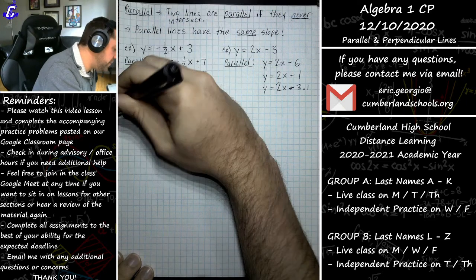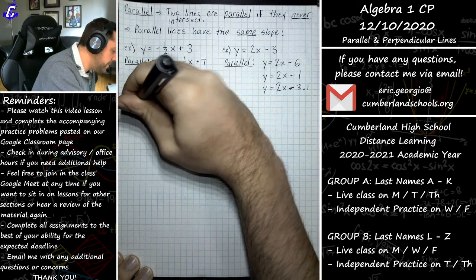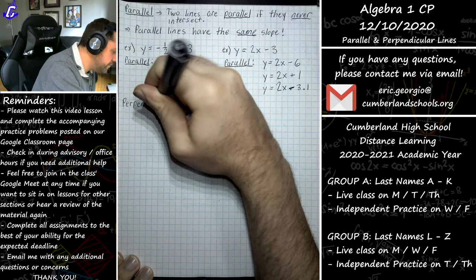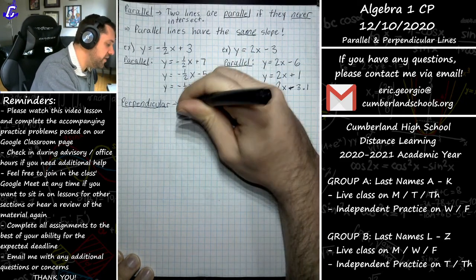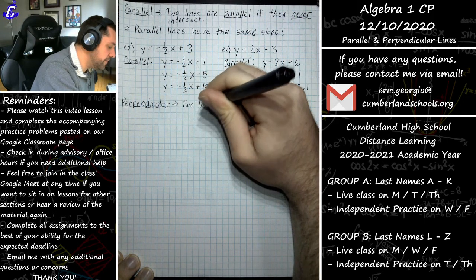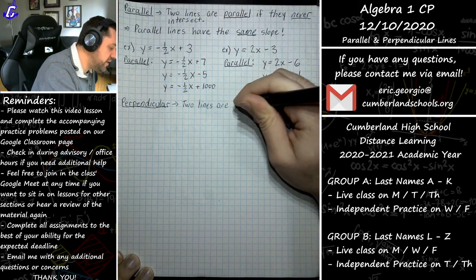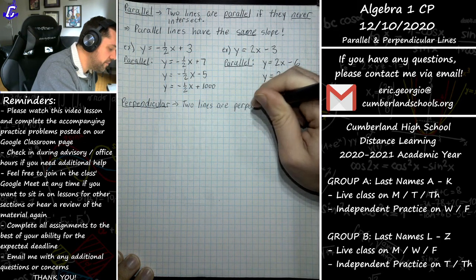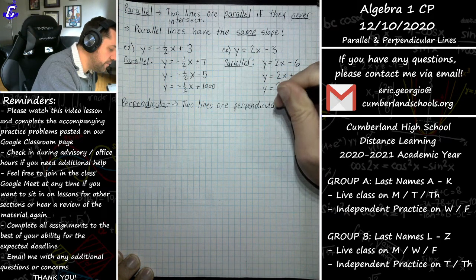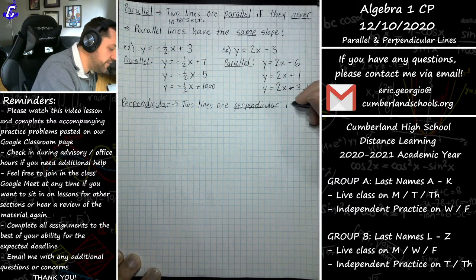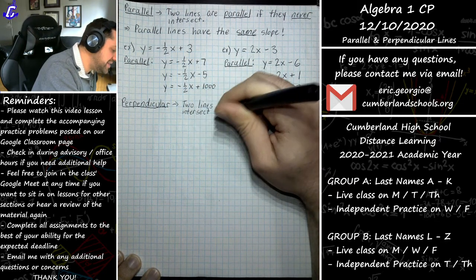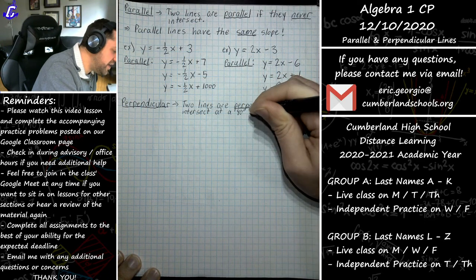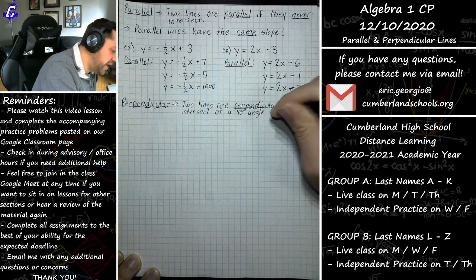Let's talk about now perpendicular is the other one. All right, let's talk about perpendicular. We'd be able to say that two lines are perpendicular if they intersect at a 90-degree angle, also known as a right angle.